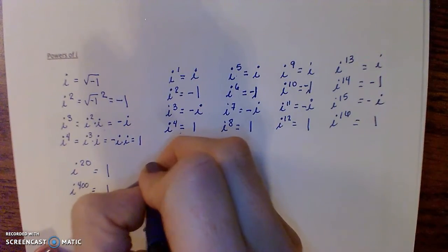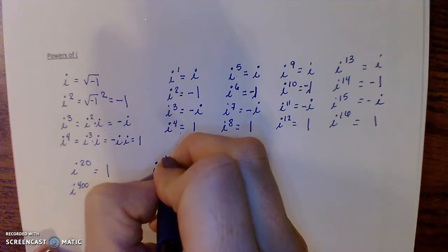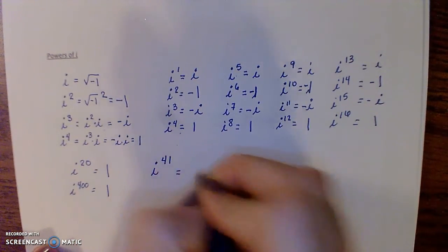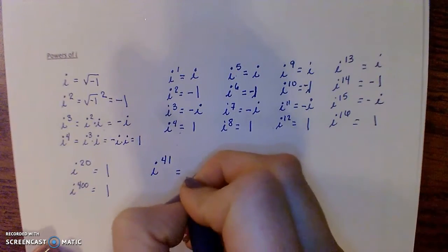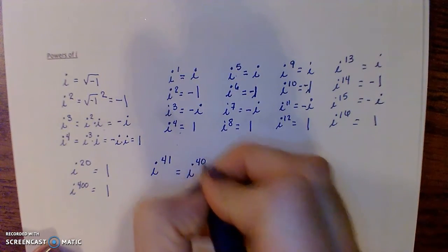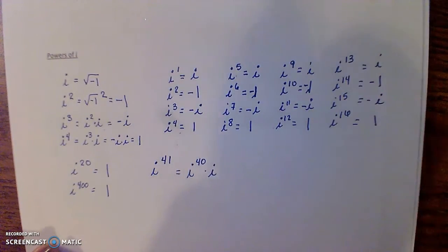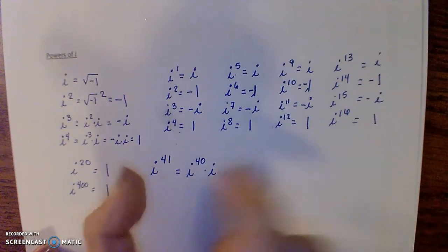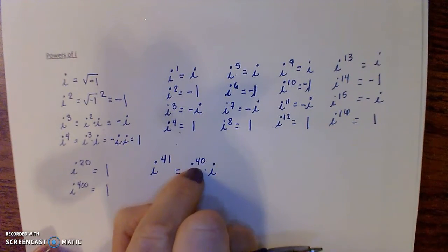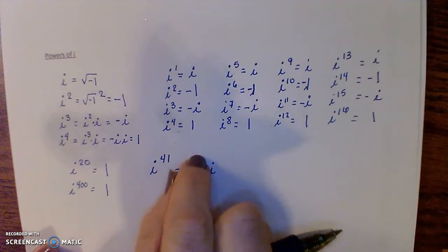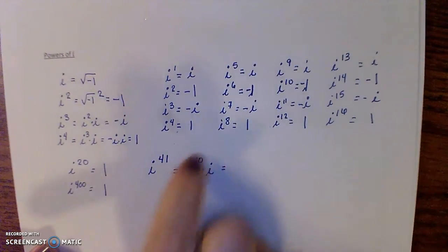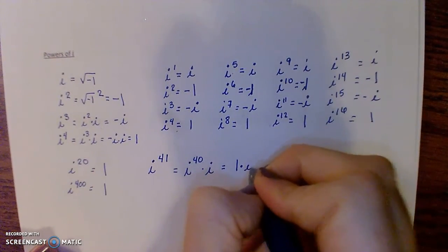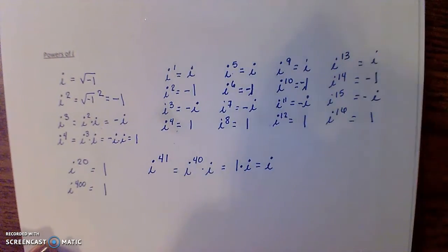Say i to the 41st power. Let me just recognize that should really be i to the 40th power and then times 1 more i. If you can pull out a multiple of 4 here, that's going to be 1 times i, which is just i.